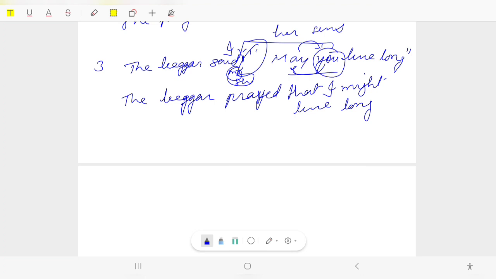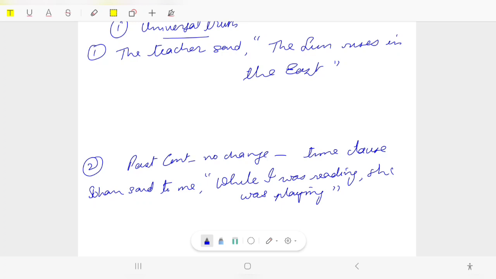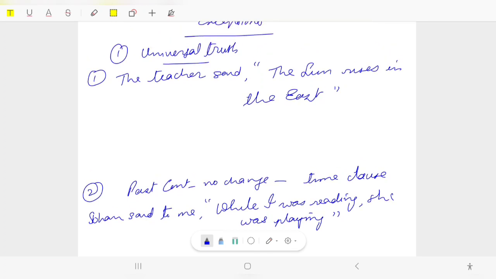Now we'll see exceptions. There are many exceptions, and the questions are asked from these exceptions in competitive exams. Look at sentence number 1. RV is in past, the teacher said, but RS, the sun rises in the east.